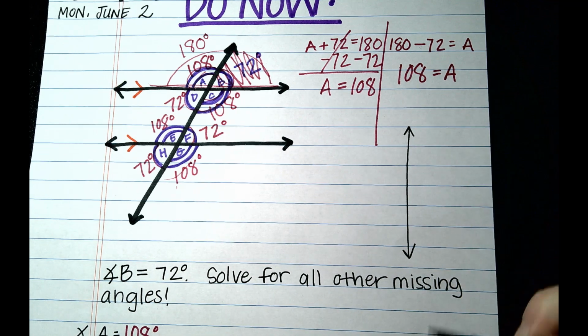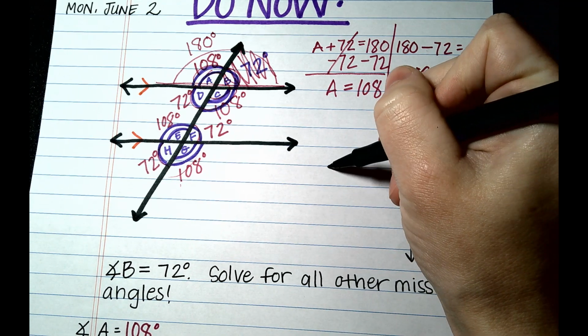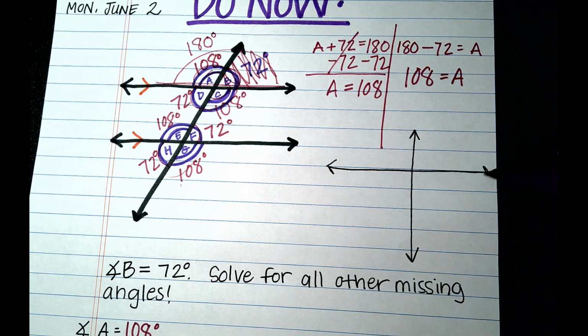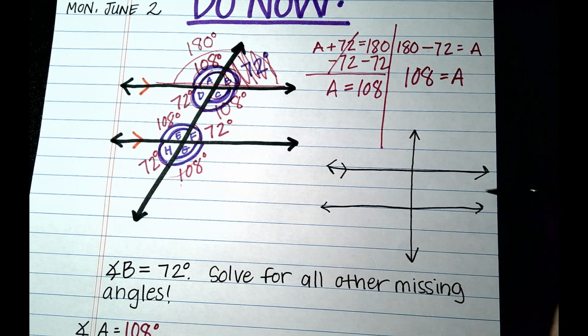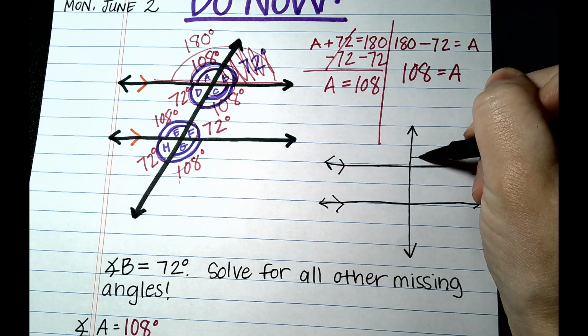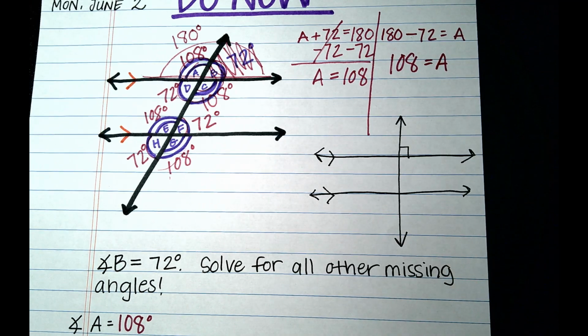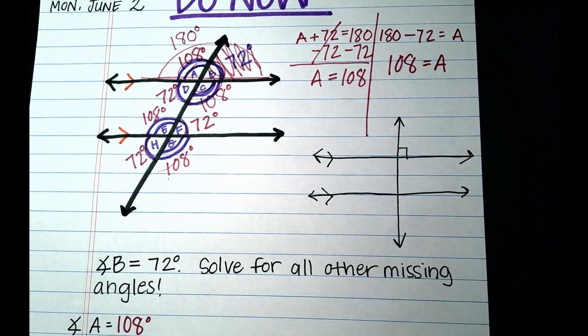If I have a transversal going straight up and down and I have parallel lines, sorry, it's not super neat, and I tell you that one angle is 90 degrees, what are all the other angles? The same. They will all be 90 degrees. That's the only exception.